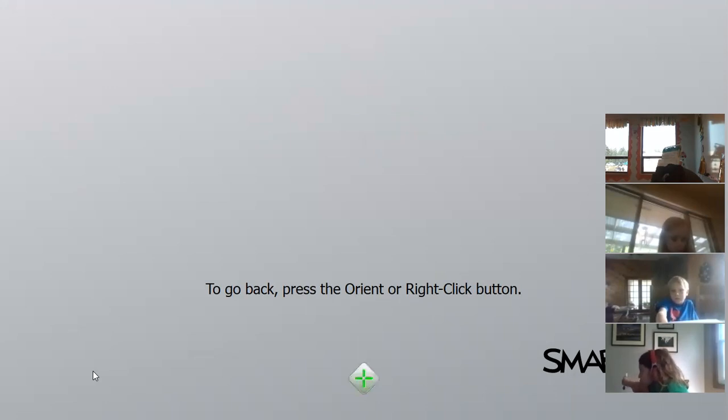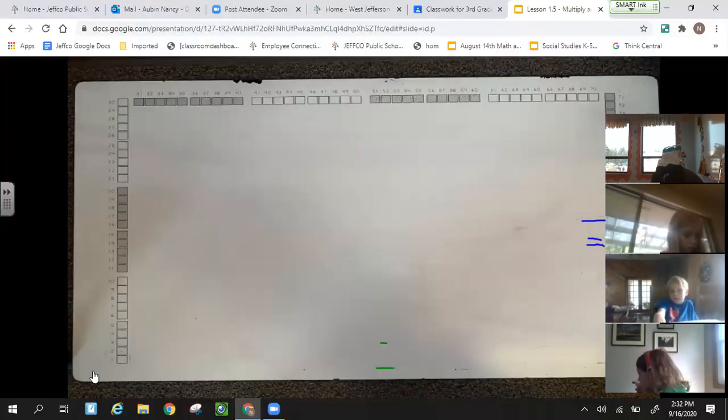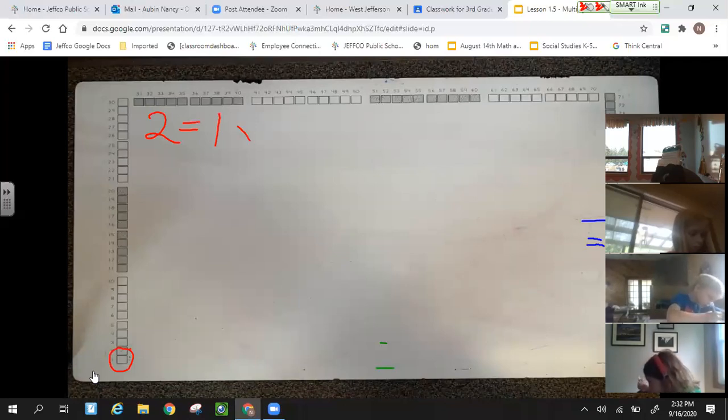on your math board. That's gonna be our first group of 2. So here's 2, and that is going to be written up here. It's our first product. 2 equals 1 times 2, because I have 1 group of 2, so that's my first factor.